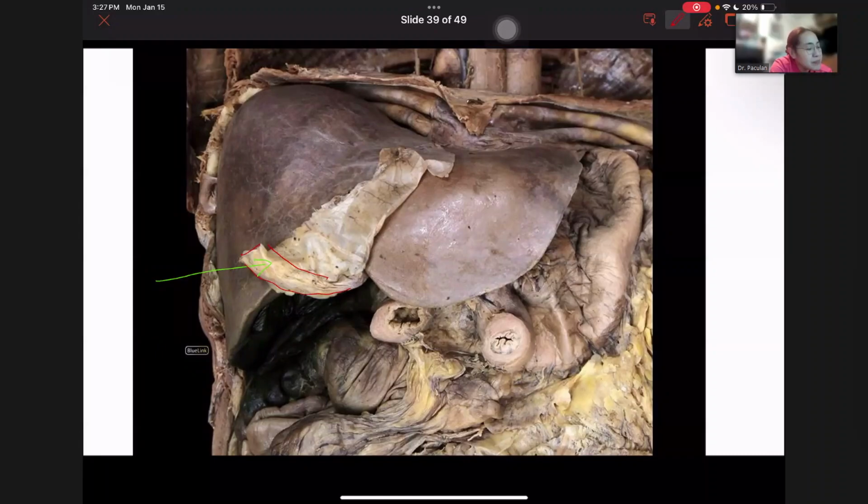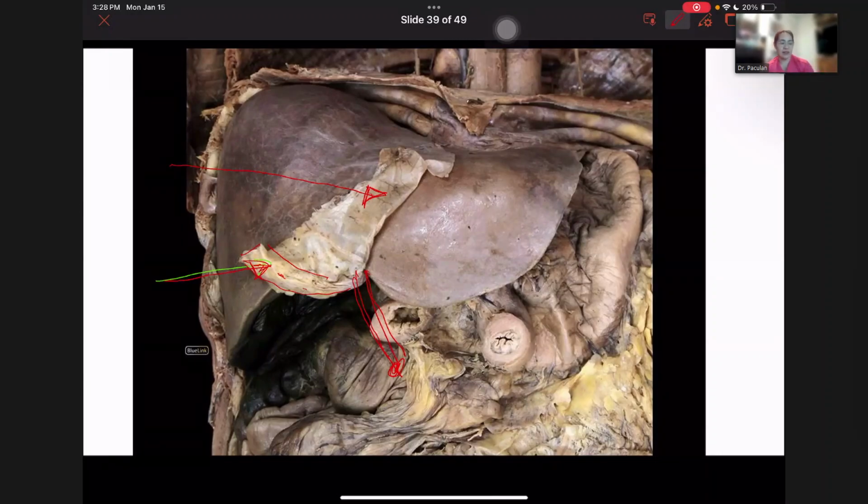Falciform. Actually, it should be going there, toward the umbilicus, superior to the umbilicus. But this one, you're correct. That's the falciform ligament.